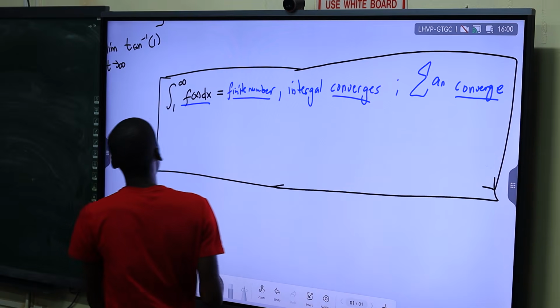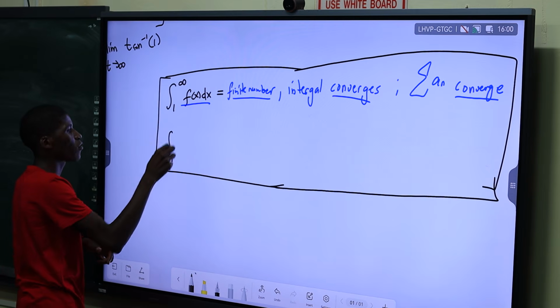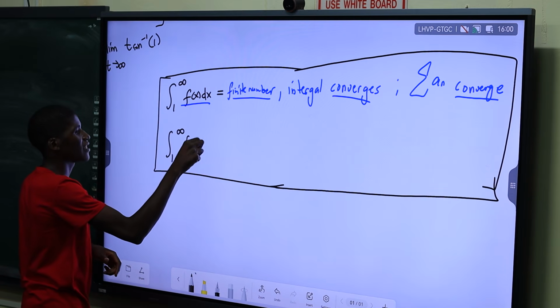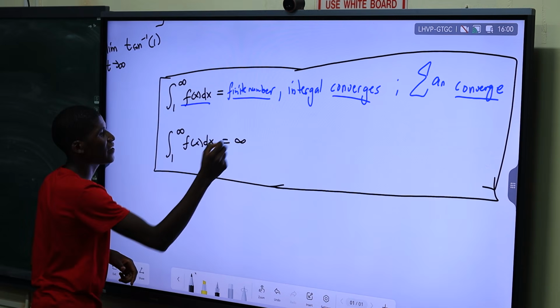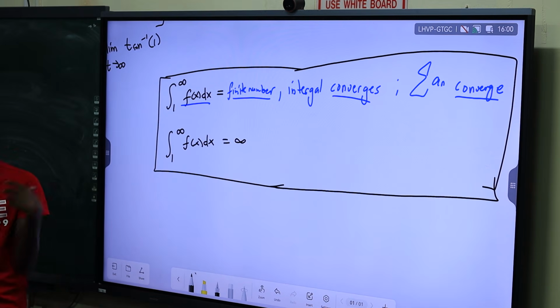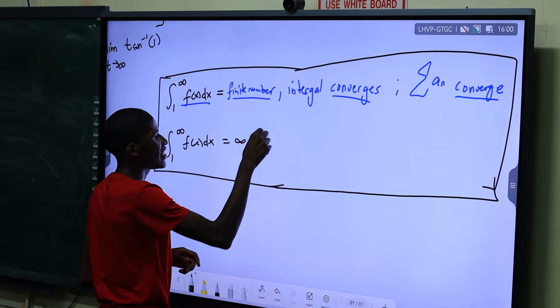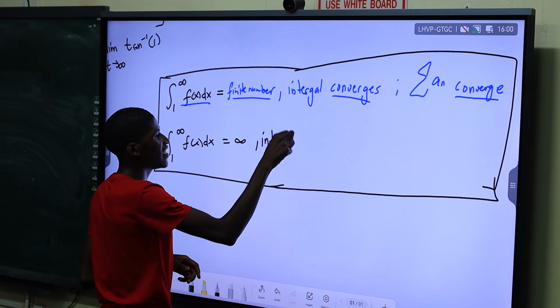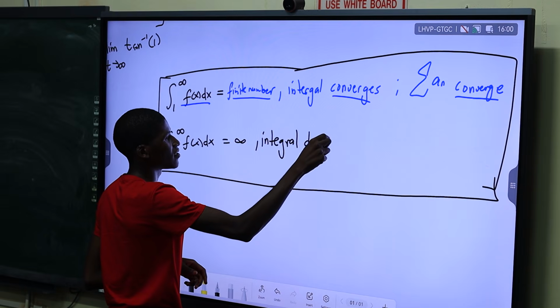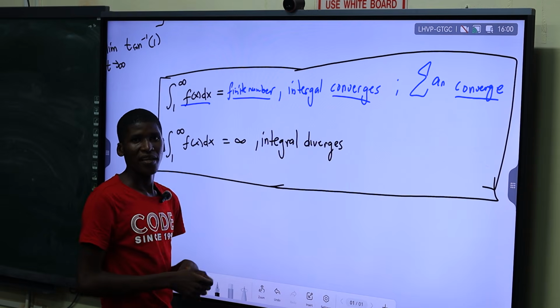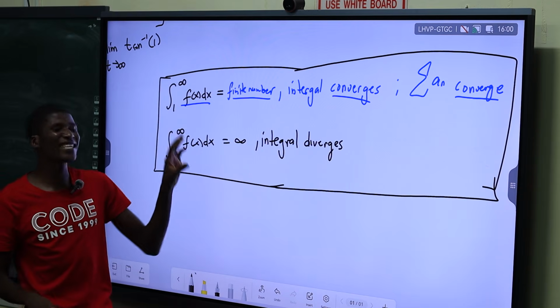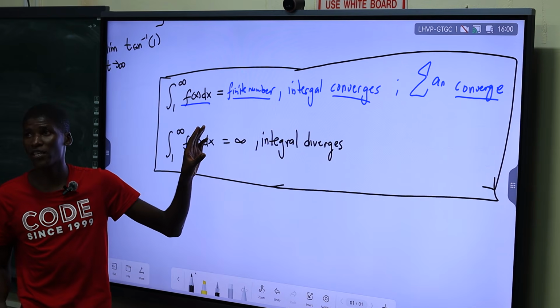Integral, limit, and sum. If your integral from 1 to infinity of f of x dx is infinite, positive infinity, then you say that the integral diverges, because your integral is not reaching a certain value.